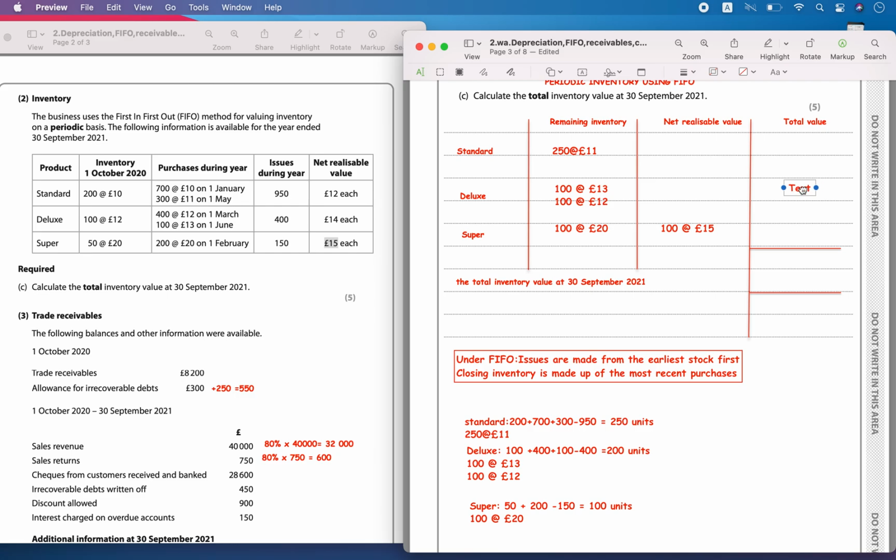Now let's calculate this. 250 into 11 is equal to 2750. And then you have 1300 plus 1200, which is equal to 2500, and this one, 100 into 15, is 1500.